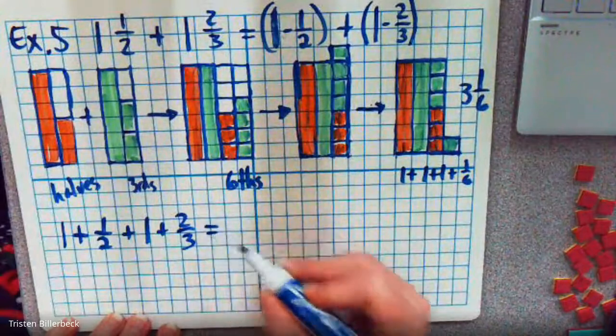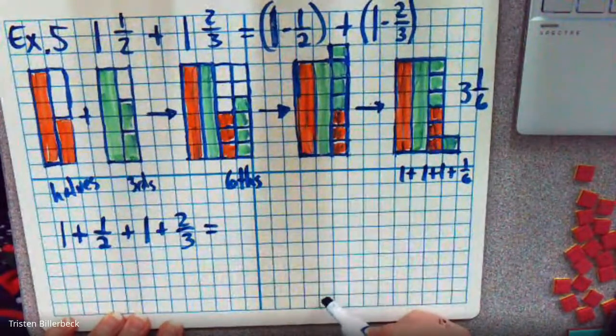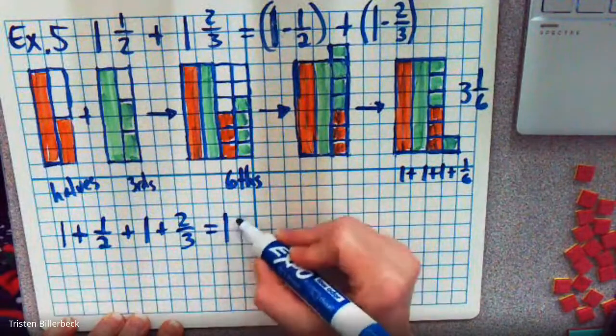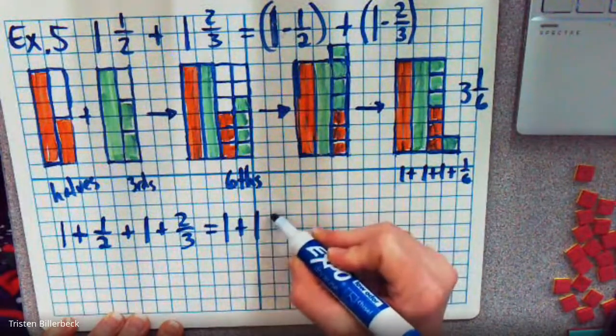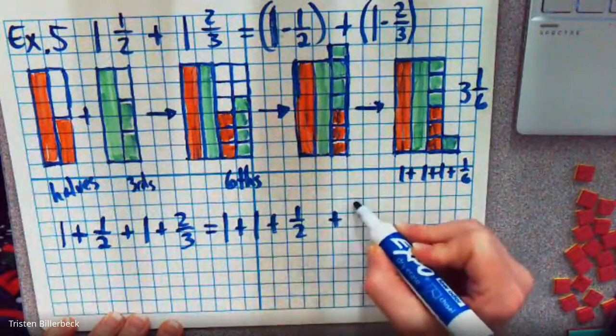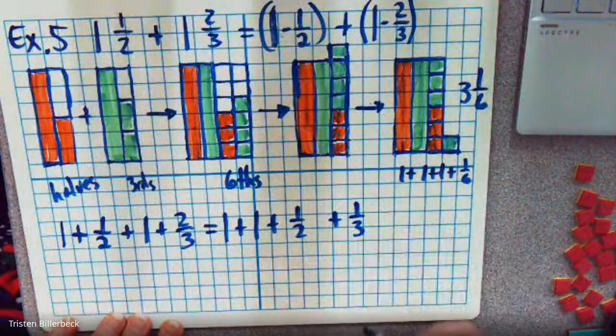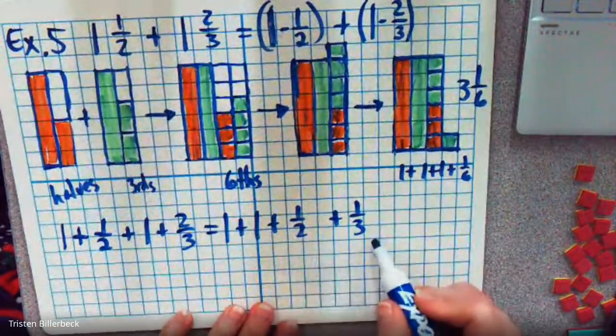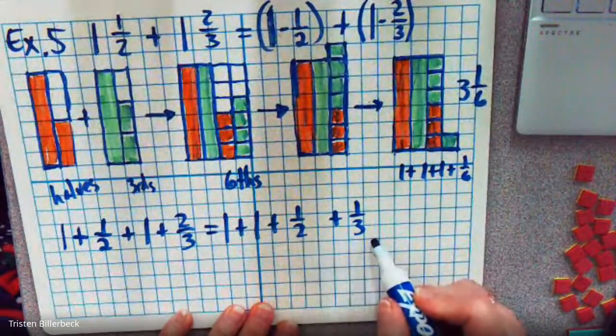So now with the commutative property of addition, meaning I can move things around, I can say 1 plus 1 plus 1/2 plus 2/3, and then I need to change their names because the half is different than a third.